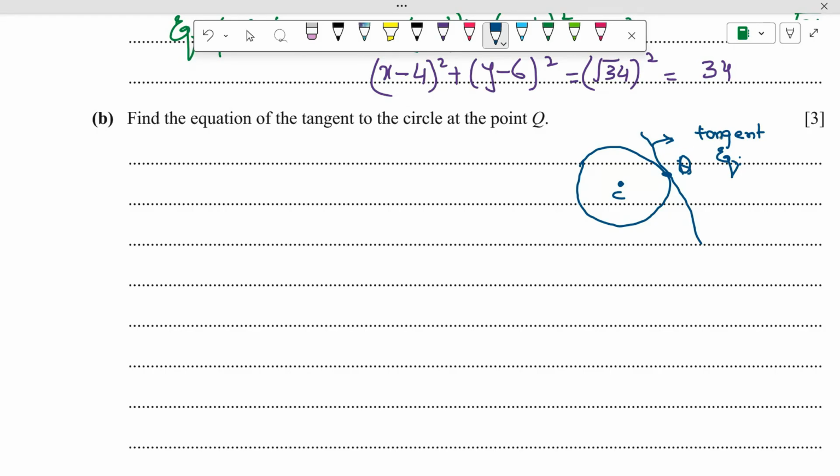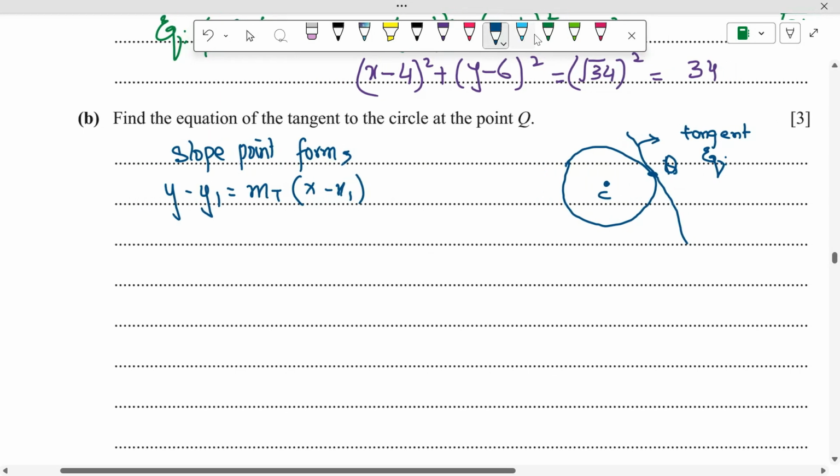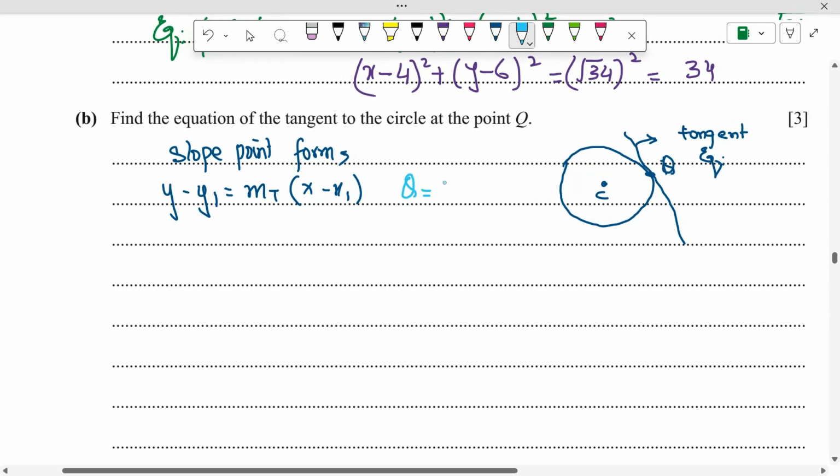We know that the equation of the line can be found by using the slope-point form: y minus y1 is equal to m, which is the slope of the tangent, times (x minus x1). Here the point is already given, which is Q, (7, 11), and this is (x1, y1). We need the slope of the tangent.